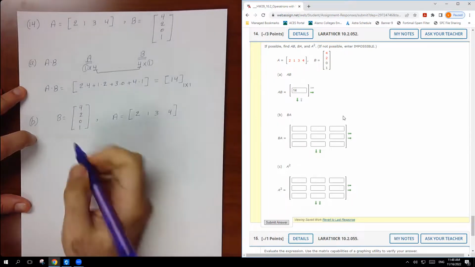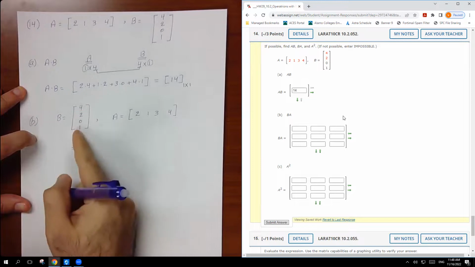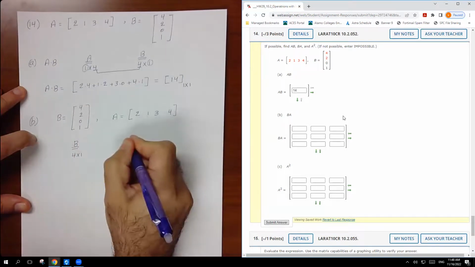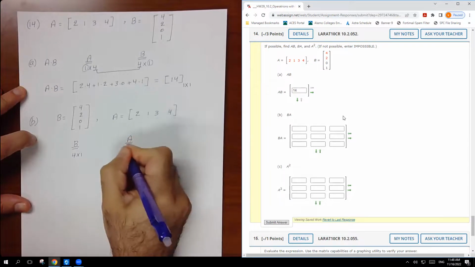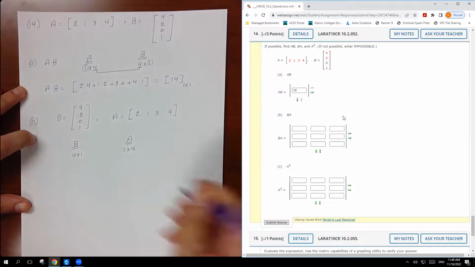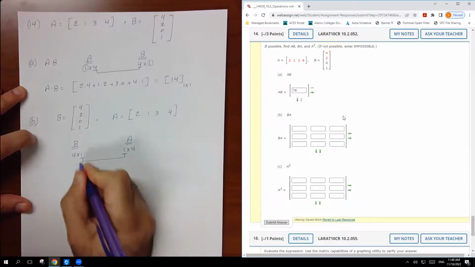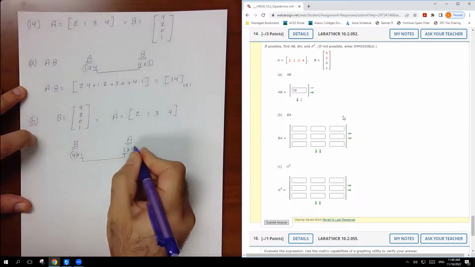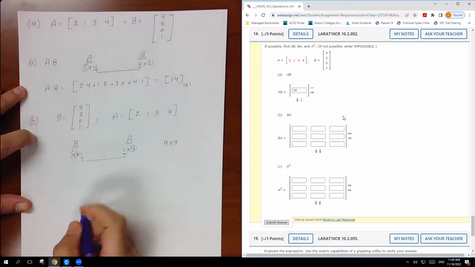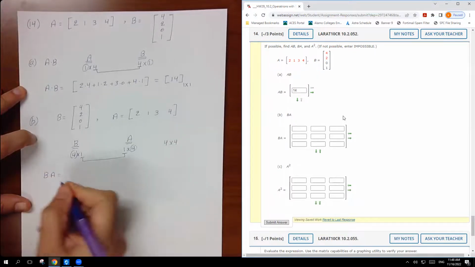The dimension for B is 4 rows and 1 column. The dimension for matrix A is 1 row and 4 columns. We have exactly the same number, and our new matrix is going to be with dimension 4 times 4.